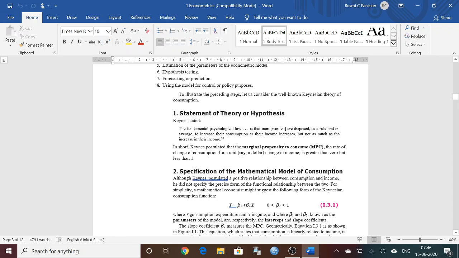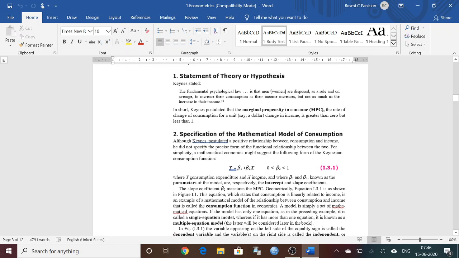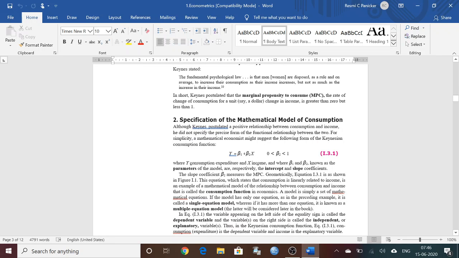And the second step is the specification of the mathematical model of consumption. Here we are taking tools from mathematics, right? Because in mathematical modeling, we are describing a set of relationships with mathematical concepts and mathematical language.